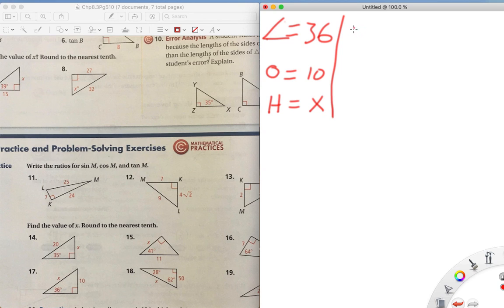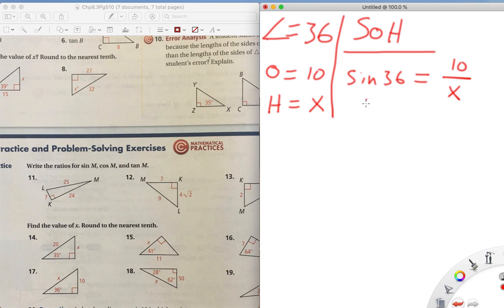If we go back to our SOHCAHTOA, we have opposite and hypotenuse, so that's sine, opposite over hypotenuse. So sine of 36 is equal to opposite over hypotenuse, which is x. So sine 36 is equal to 10 over x.